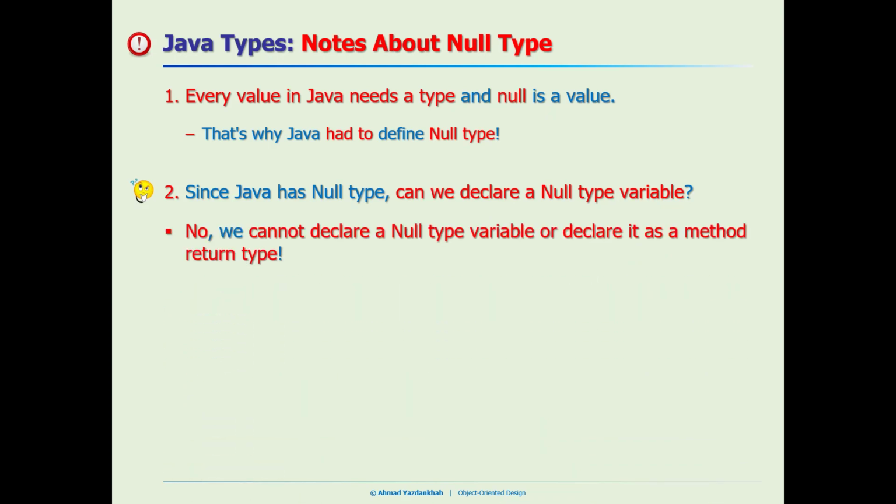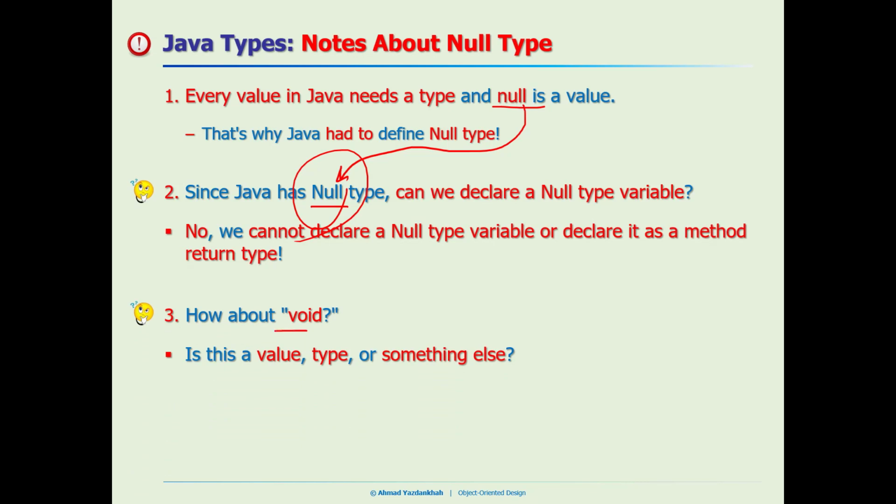Okay, now let me ask this question. So we learned that null is a type because we needed to put this null value somewhere. Okay, so how about the void?